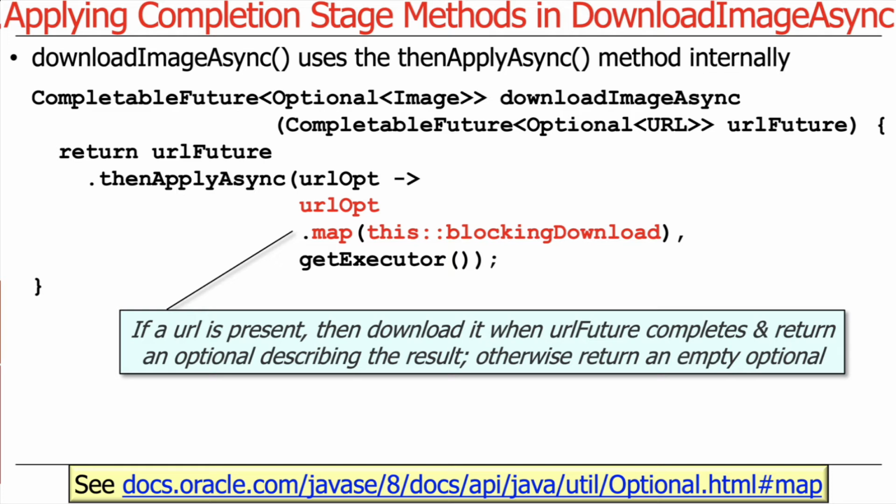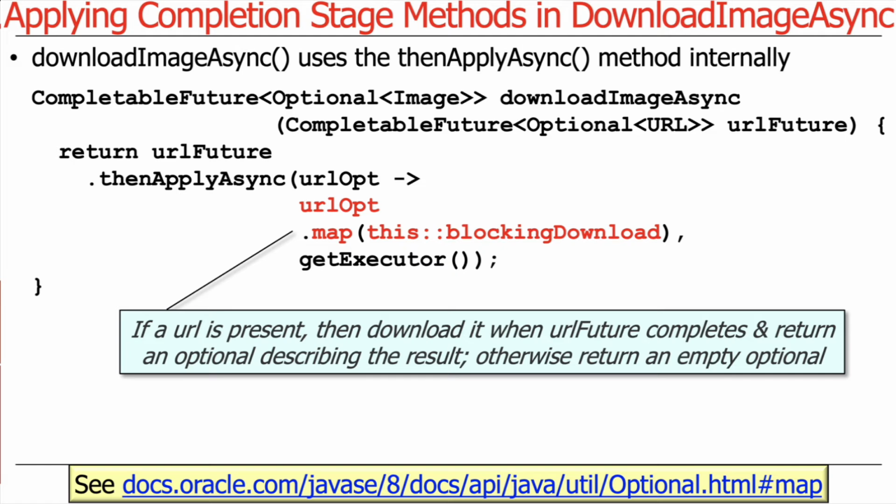It's very simple. The URL optional here is actually an optional object. If you have an optional object and you call its map operation with an action, that action is only run if the optional has a value. But if the optional is empty, of course, it's just ignored.